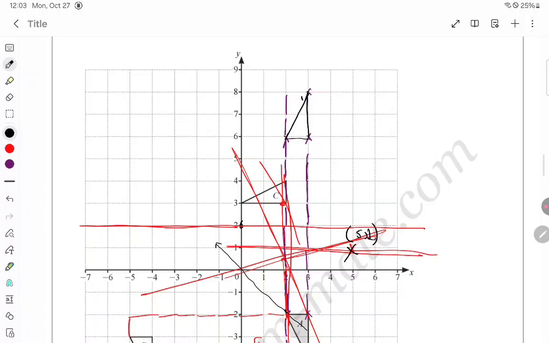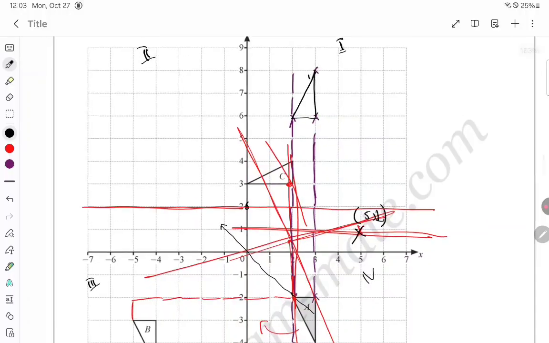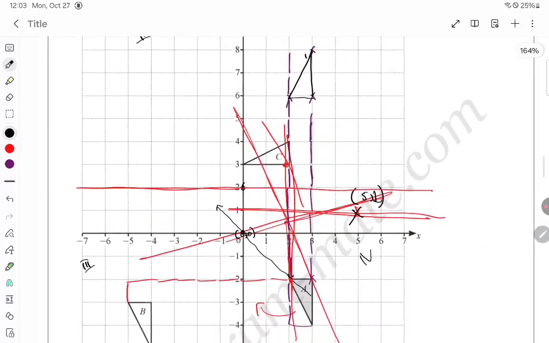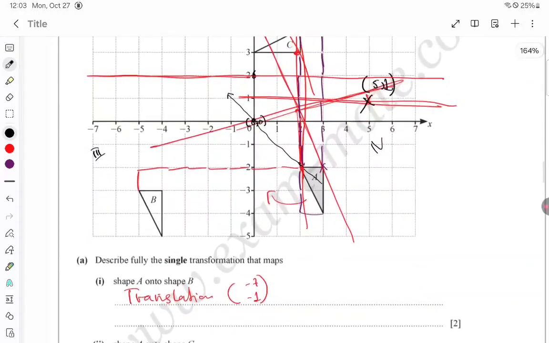If this is the fourth quadrant, the opposite side will be the second quadrant. If it was in the first quadrant, the opposite side will be the third quadrant. Now from the center 0, 0 with the enlargement factor of 2.